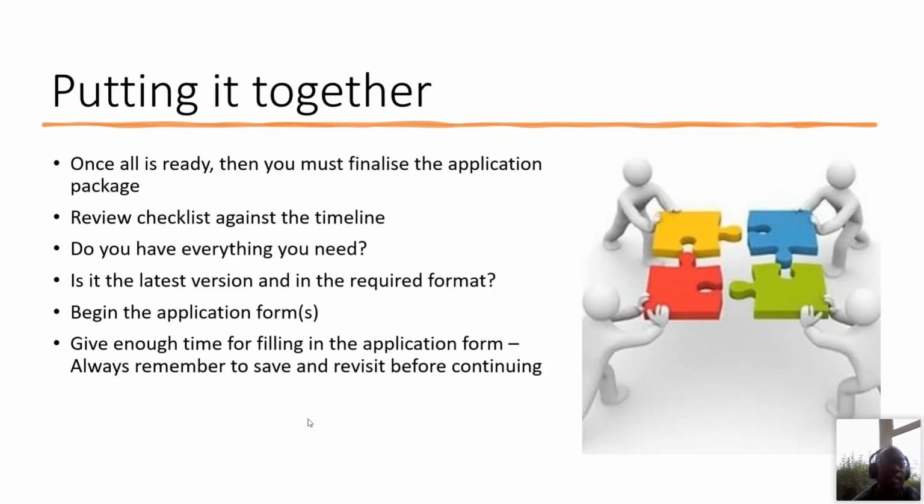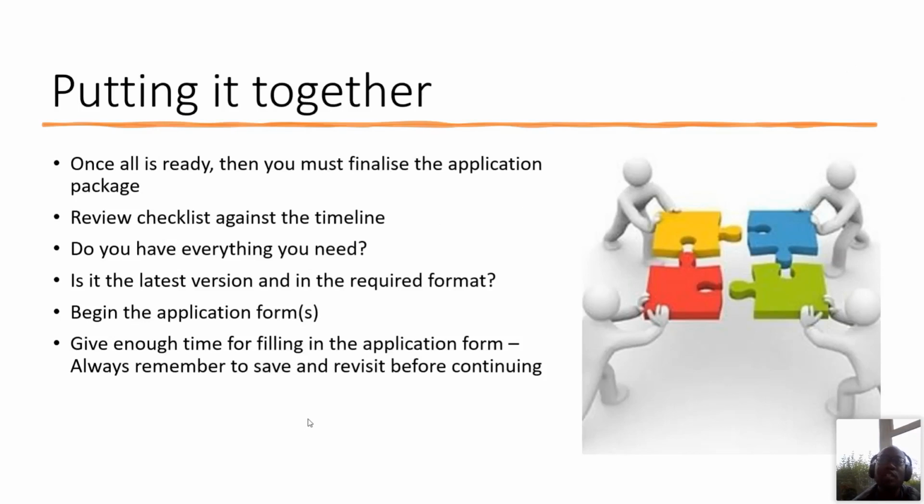Make sure you have a final submission folder with all the latest versions, because if you're working with a lot of versions and you don't have proper version control, you might submit an earlier version and mess it up.